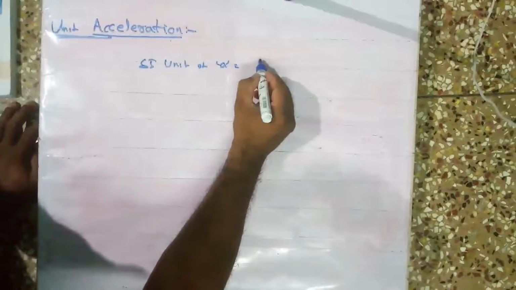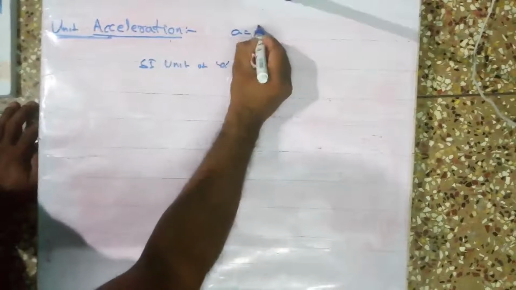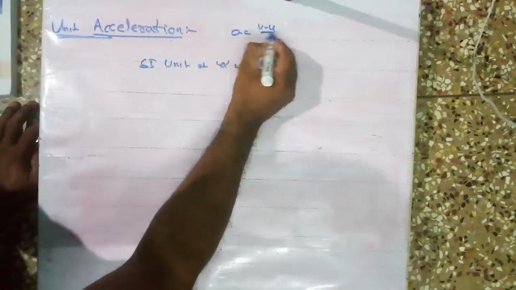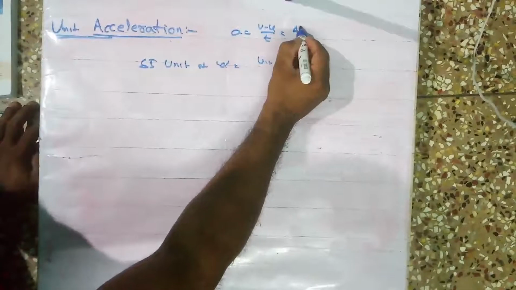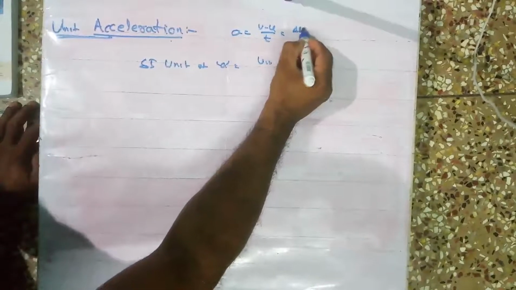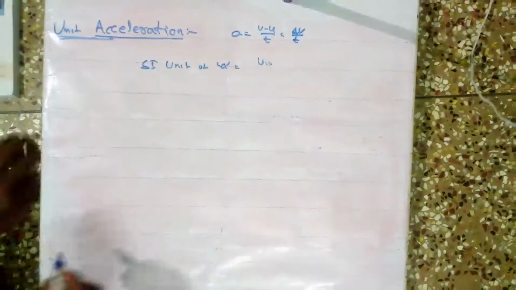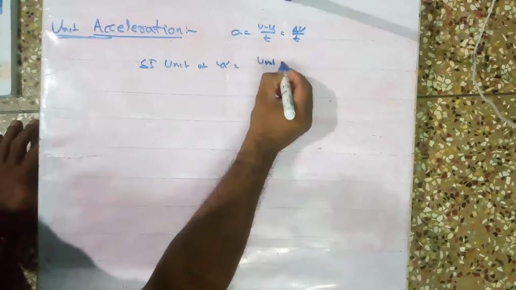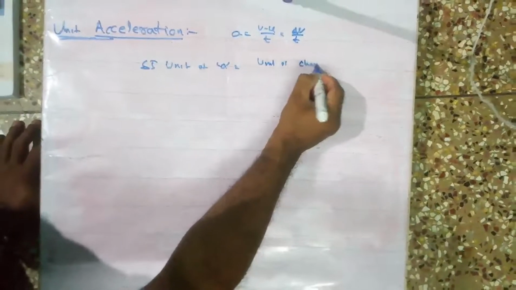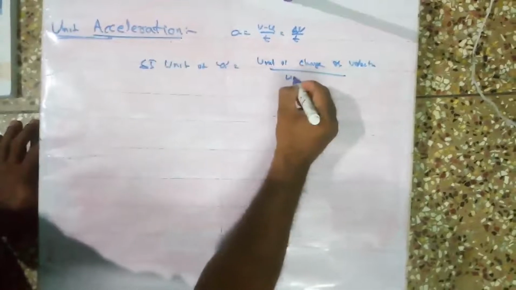What is the formula? a is equal to v minus u by t, which I can write with a single symbol: delta v by t. Delta v means change of velocity. This symbol is delta. Delta v by t, change of velocity by time. So the unit is the unit of change of velocity by the unit of time.